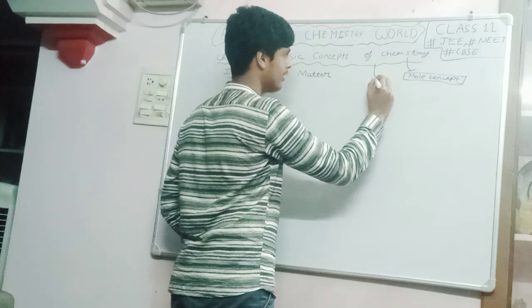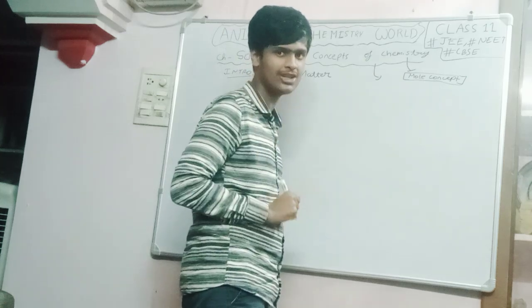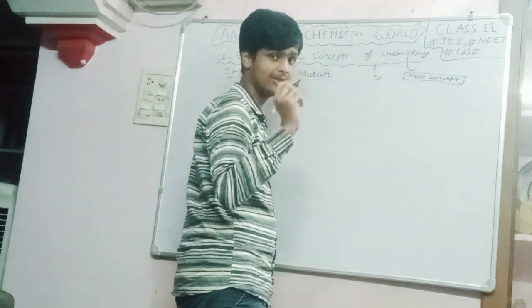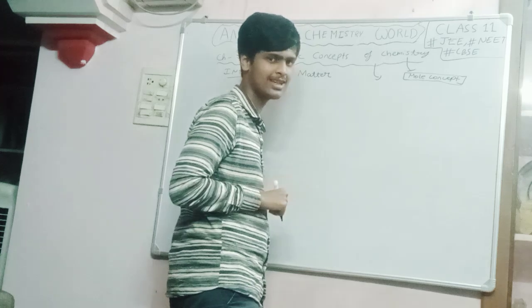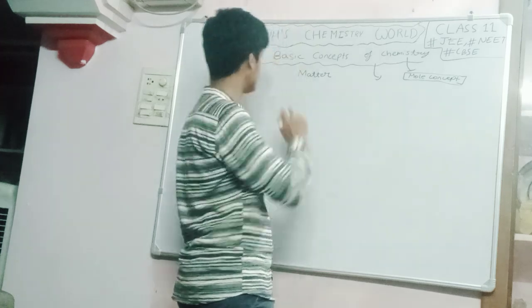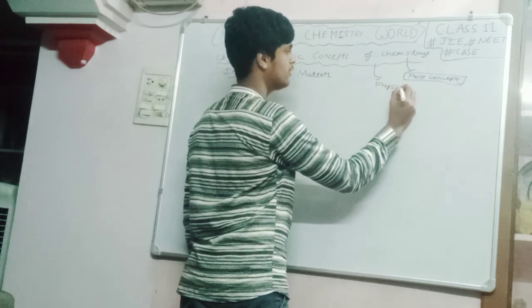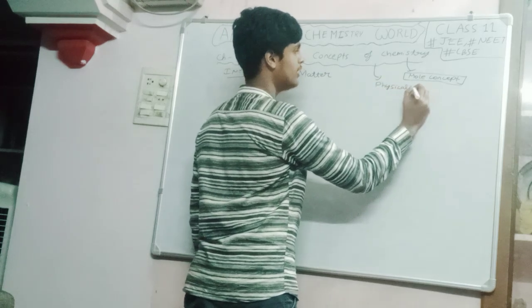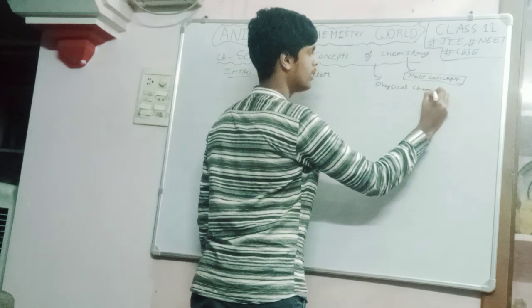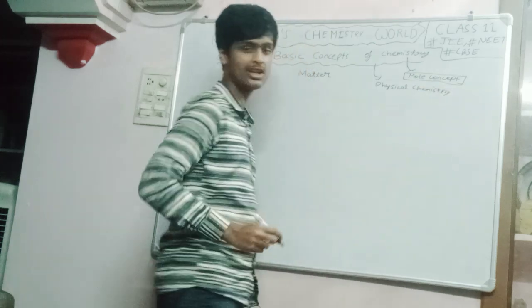Since it is dealing with calculations, the subject of chemistry which deals with calculations is always called physical chemistry. So this chapter also comes under the category of physical chemistry. Okay, this is a part of physical chemistry.